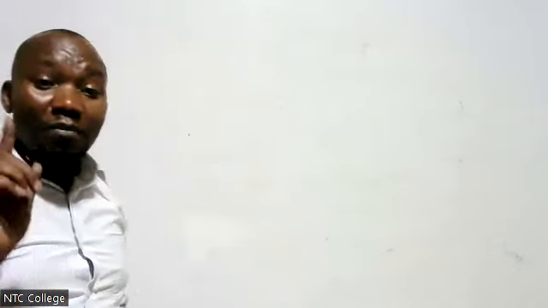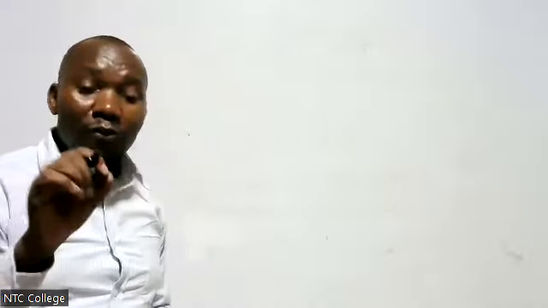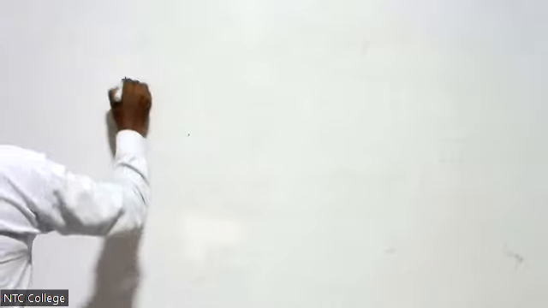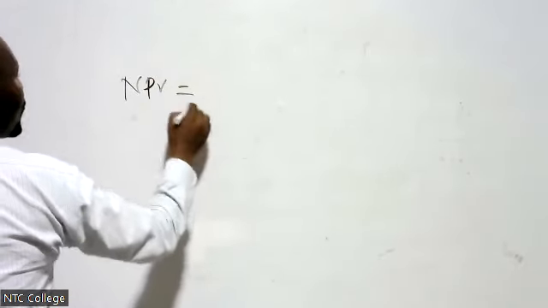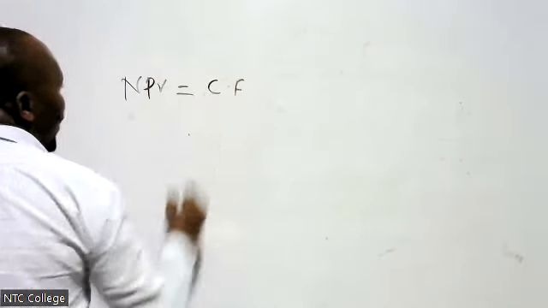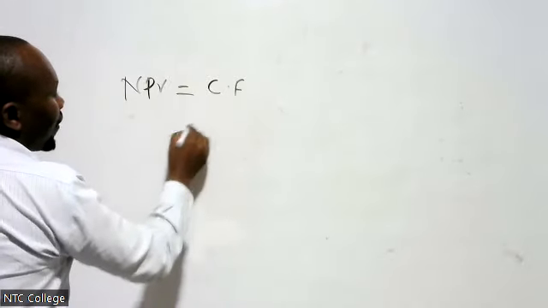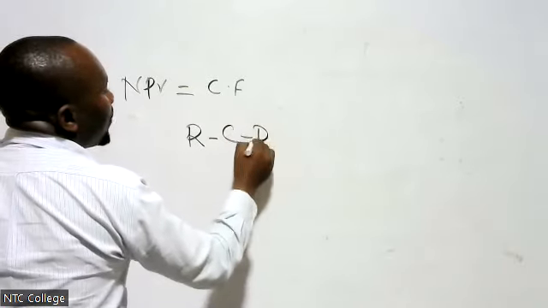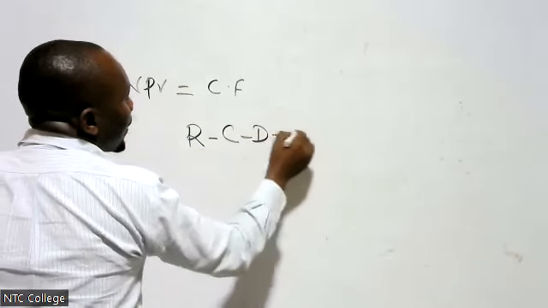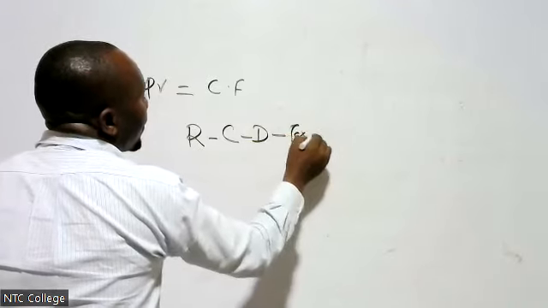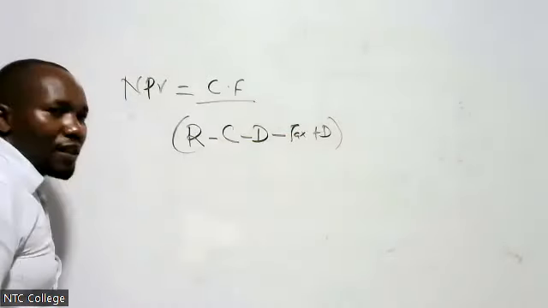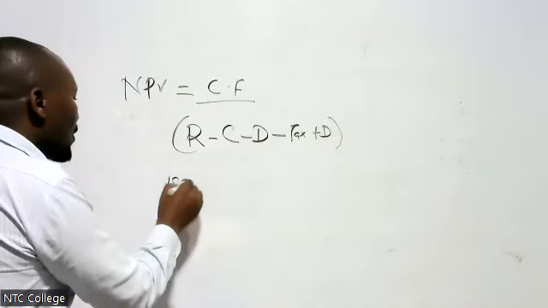When we use method 1, there was something that you can miss out or can be difficult to work with. Because in method 1, you're being told that NPV is equal to the cash flows. And you know the component of cash flow is revenue minus cost minus depreciation, minus tax, plus depreciation. Then you come to cash flow, which is 182.